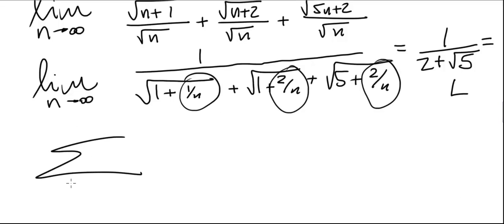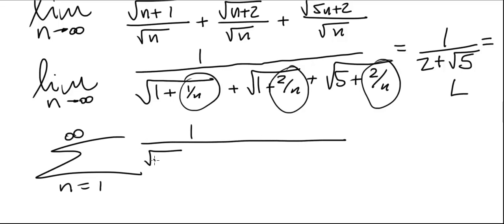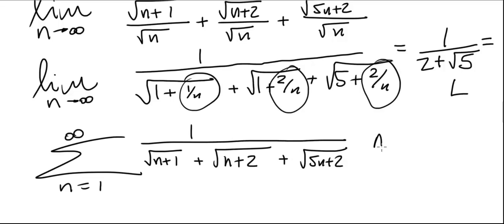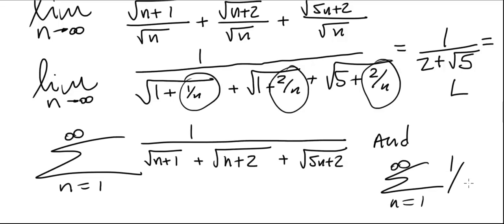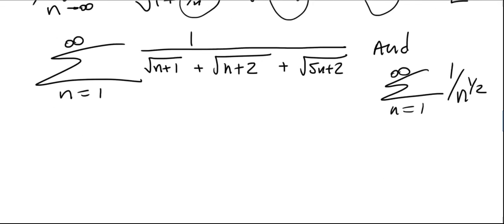That is, the series, the summation from 1 to infinity of 1 divided by the square root of n plus 1 plus square root of n plus 2 plus the square root of 5n plus 2, and the series, the summation n equals 1 to infinity of 1 divided by square root of n, or n to the 1/2, both of these series converge or they both diverge.